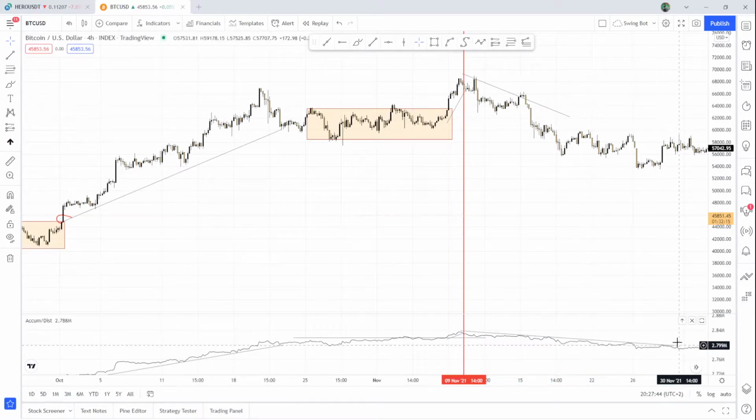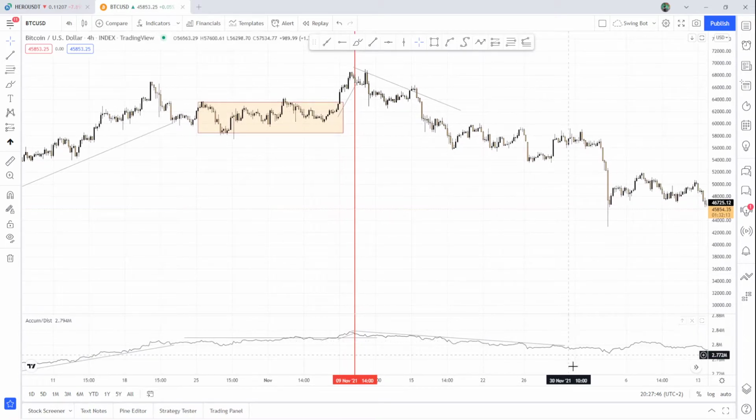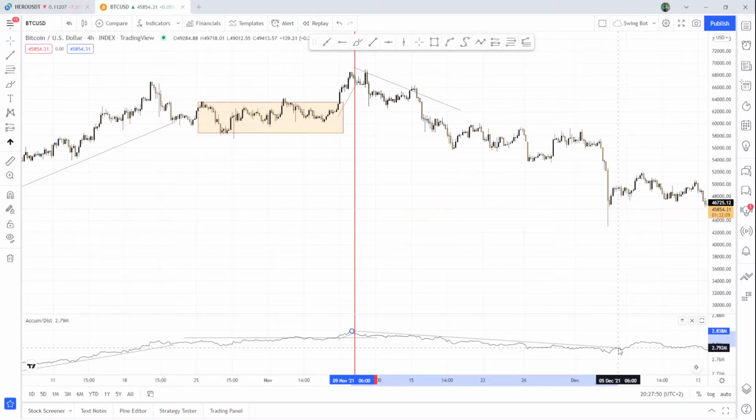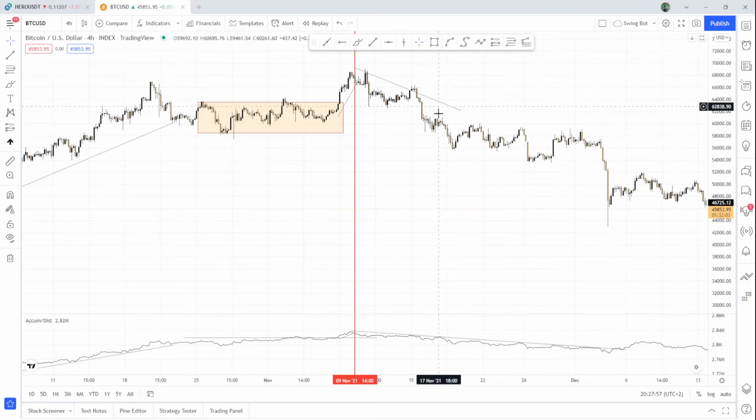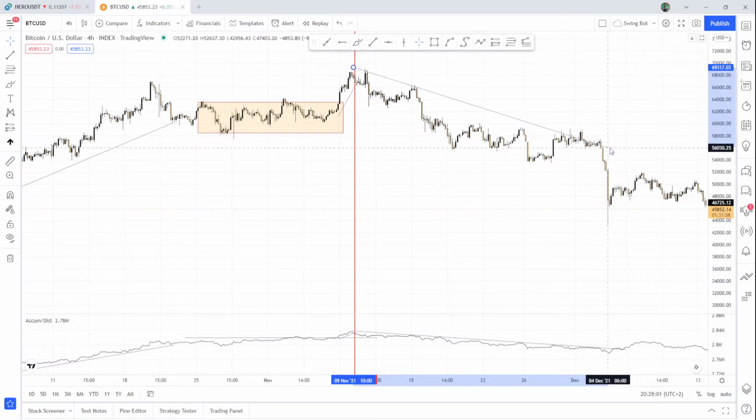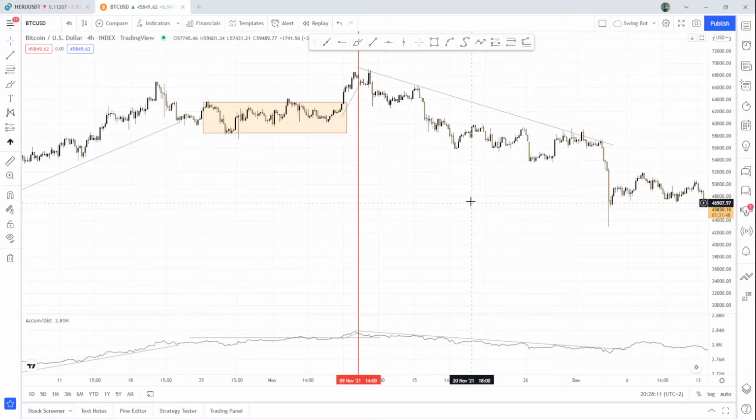Actually we can go more, not breaking the line, okay. Something like this. So let's also draw this downtrend and go until, actually it's around here, okay.